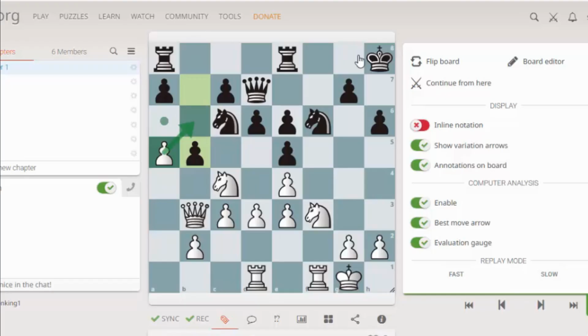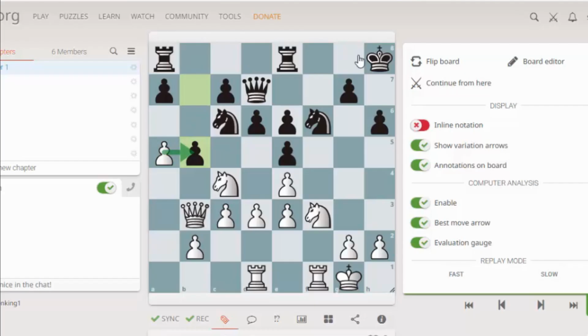So wait, it's not a5 x b5? I'm a bit confused now. Okay. So if you say a5 x b5, that means a5 captures b5.